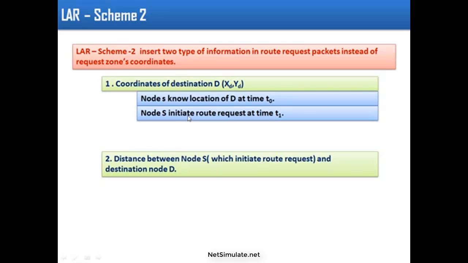And we are considering node S will initiate a route request at time T1. The second component included in the route request packet is the distance between the destination node and the sender. So two components: one is the distance and one is the coordinate of the destination.